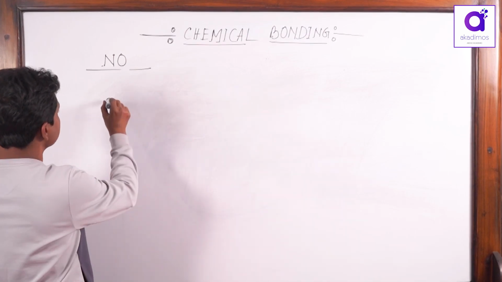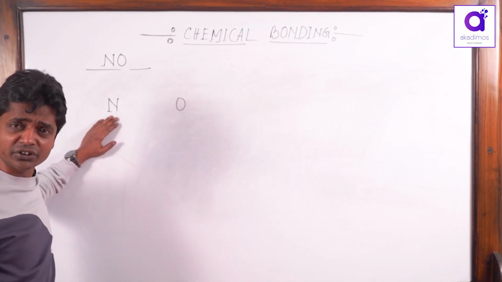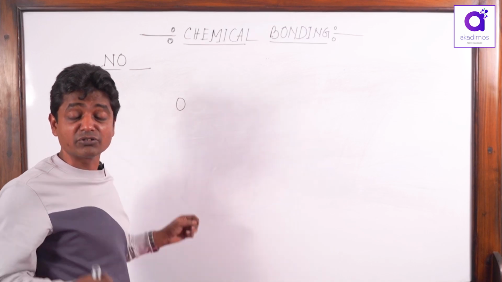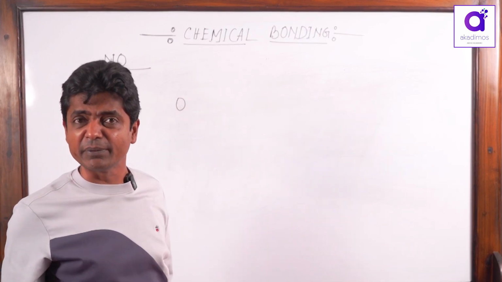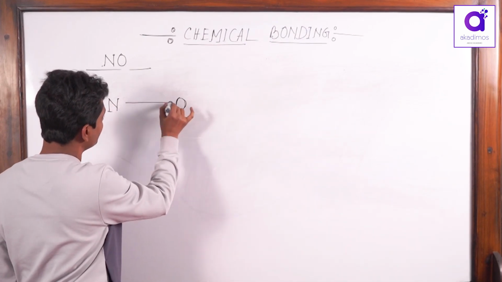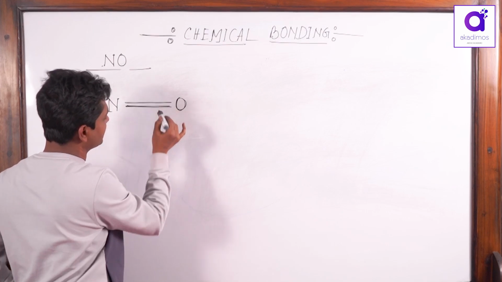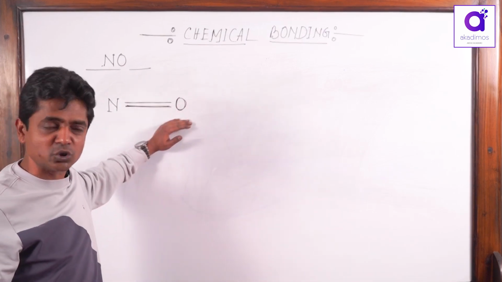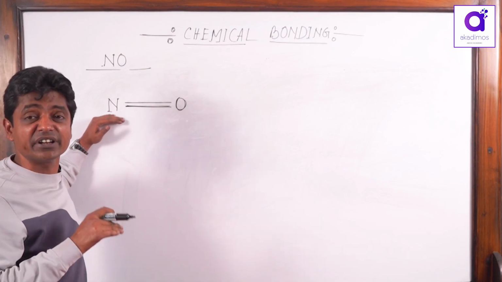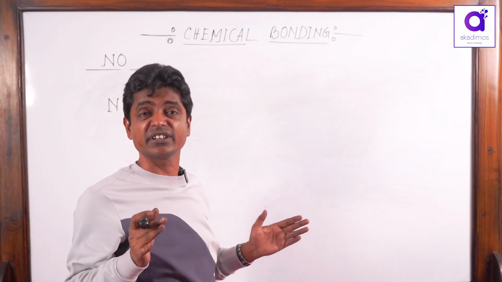Now again write nitrogen and oxygen. Its valency 3 you got, its valency 2 you got. Now tell me which one is the limiting valency. Limiting means less valency, that is oxygen. Put the limiting valency, that is 2. Oxygen now becomes saturated with valency 2, but nitrogen is now unsaturated with valency 2, since you know the valency of nitrogen is 3.